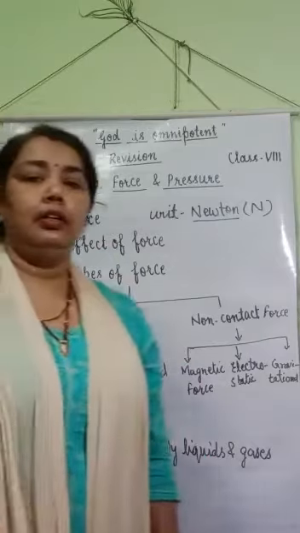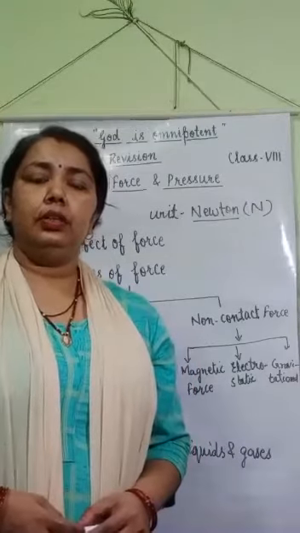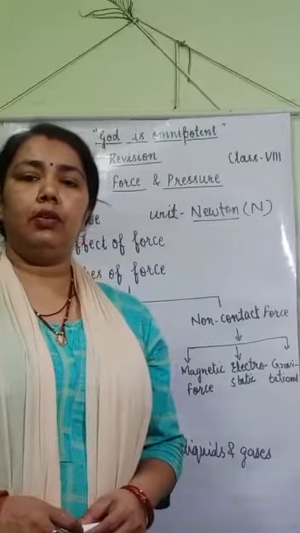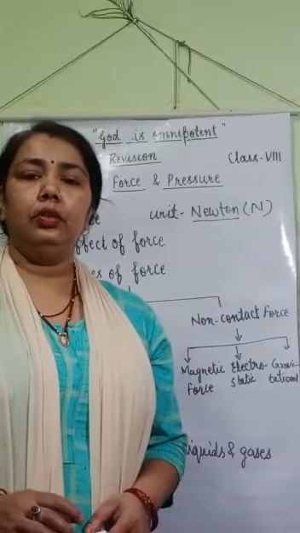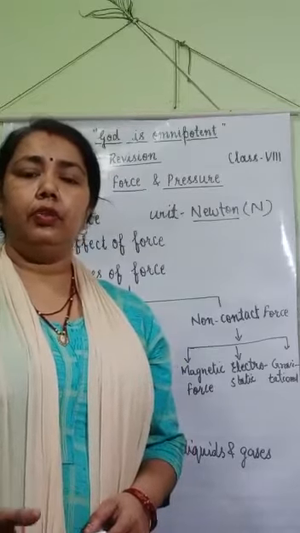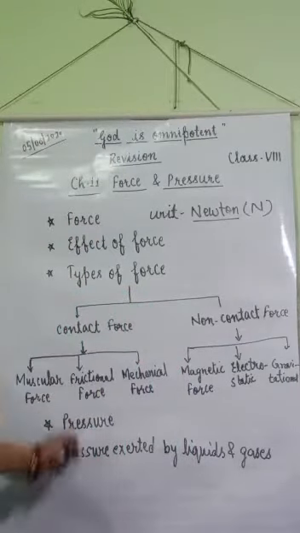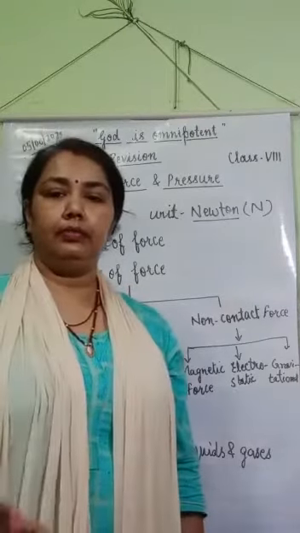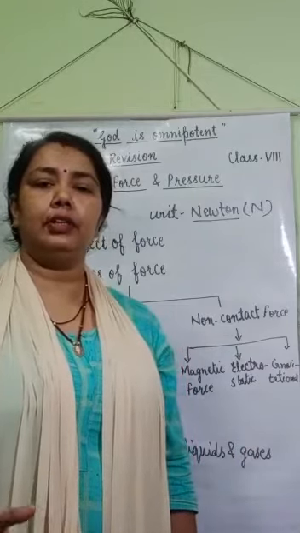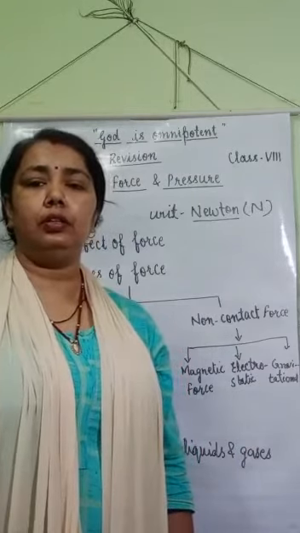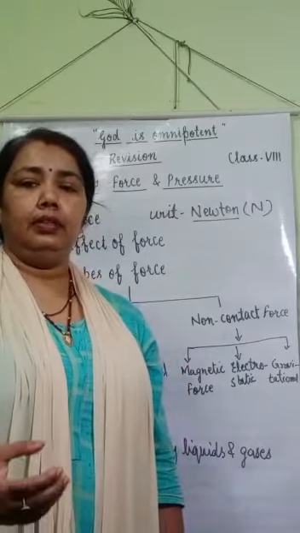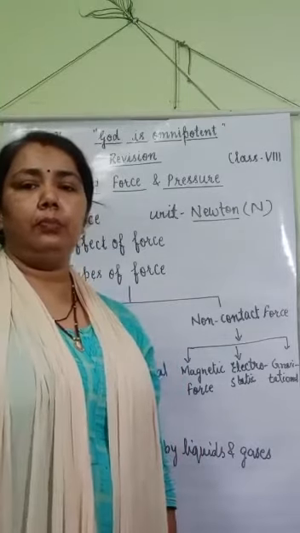Frictional force: when a ball is rolling on the ground and you want to stop it, you apply force in its opposite direction and you slow down the speed of the ball.